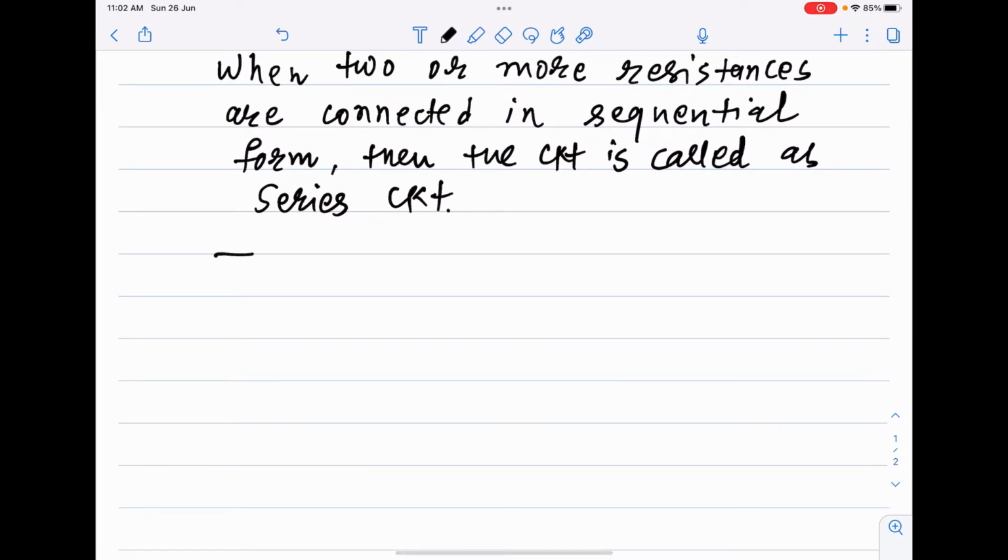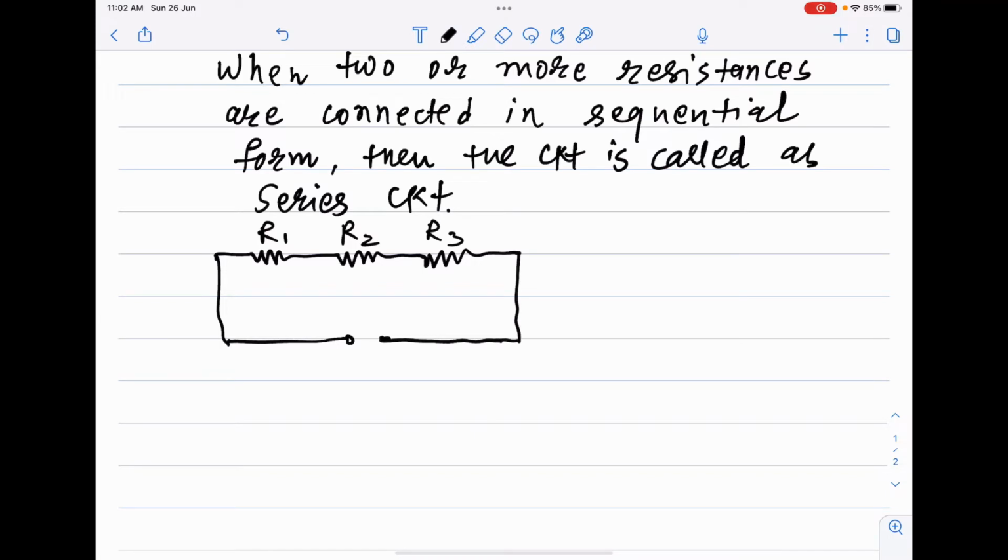Say for example, if I am having three resistances, R1, R2 and R3, and these resistances are connected in this fashion in sequence with each other, then such a circuit is called a series circuit.